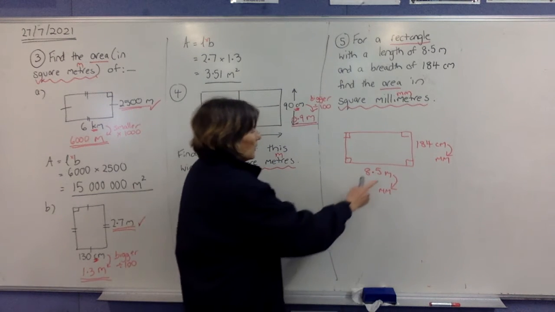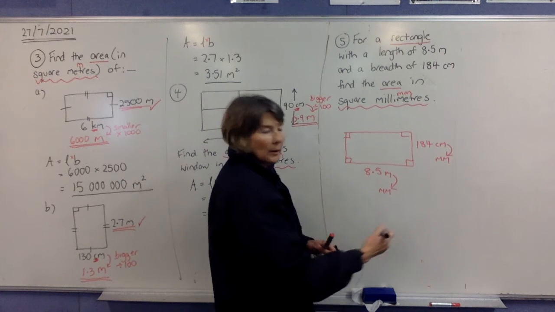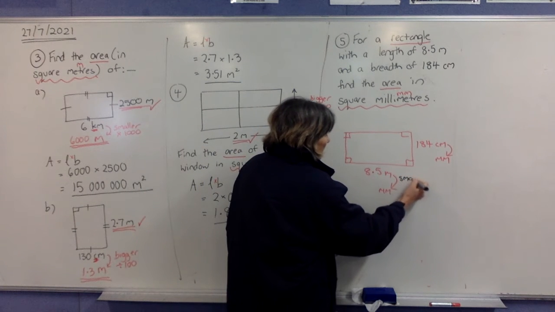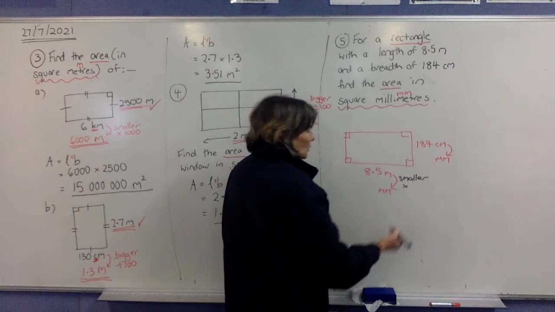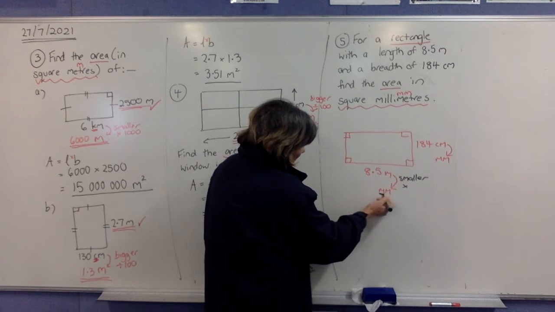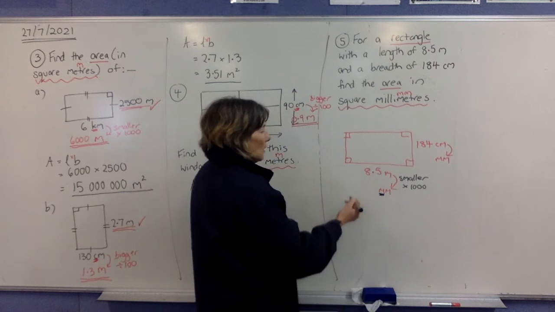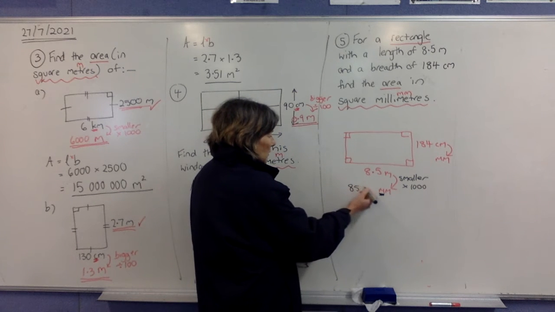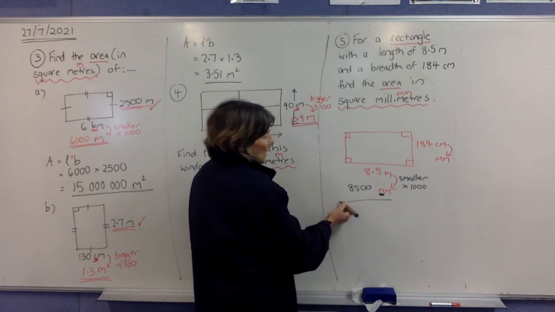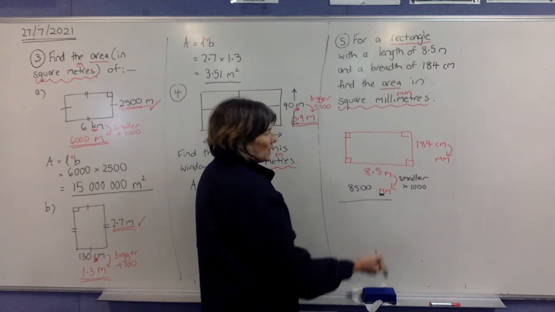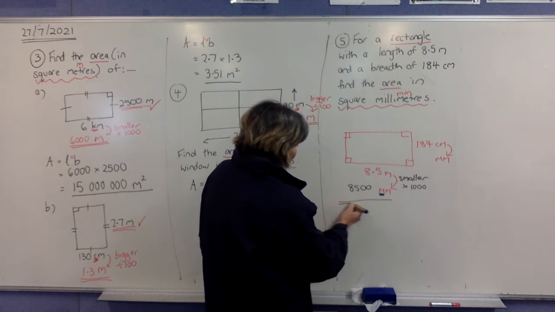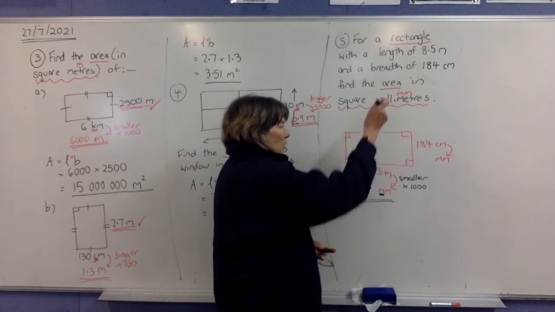So, going from metres to millimetres, we're going to a smaller unit. So we're going to multiply. Milli is 1,000, so we're going to multiply by 1,000. And if you do that on your calculator, you get that answer. So we will be using that number there because that's in millimetres like we want now.